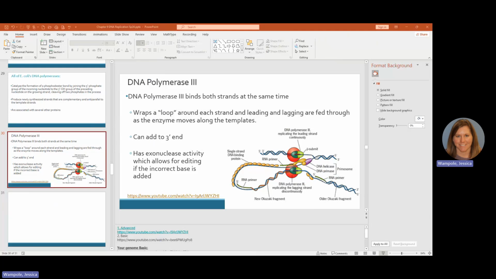On the bottom, we don't really have room at the replication fork to get all the way in there, and so it's going to start a little farther down away. And what's going to happen is as we open this replication fork, we're going to have more single-stranded DNA opened up, and we're going to get more primers that are going to come in as we open. And we're going to build our strand in these little fragments as we open up. So down on the bottom, that's going to be our lagging strand.